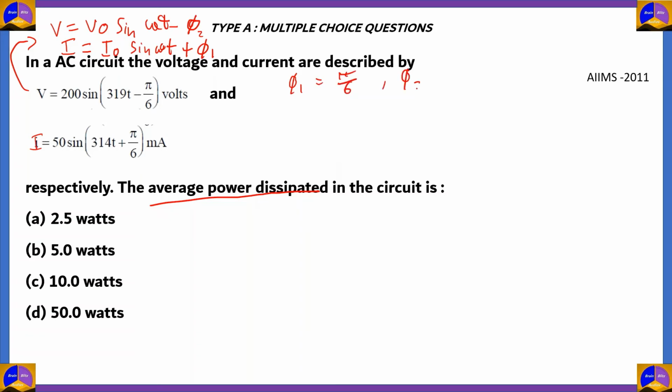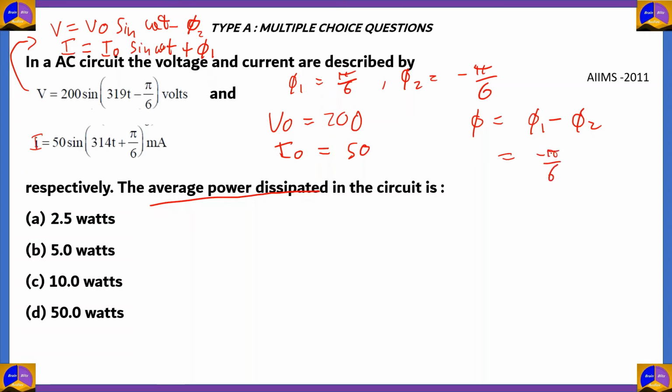The value of phi 2 is minus pi by 6. And the value for V naught is 200. The value for I naught is 50. And then in order to find the actual phase difference phi, we just subtract the values. So phi 1 minus phi 2 is pi by 6 minus of minus pi by 6, which becomes pi by 6 plus pi by 6. So therefore, pi by 3 is the phase difference.